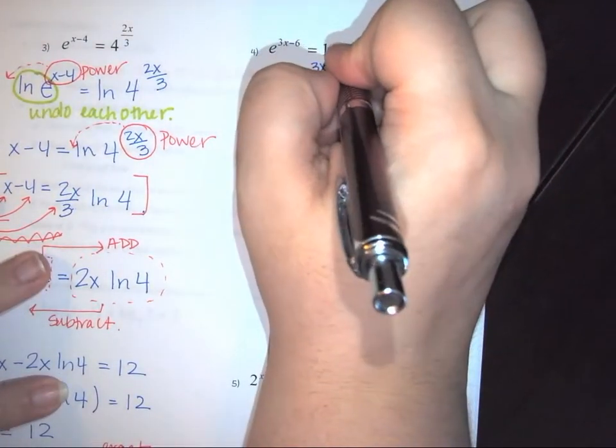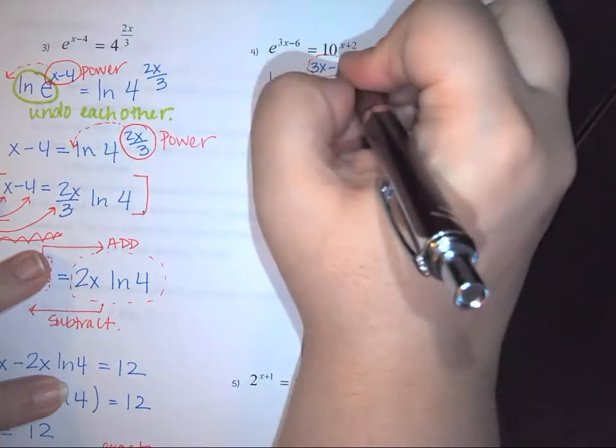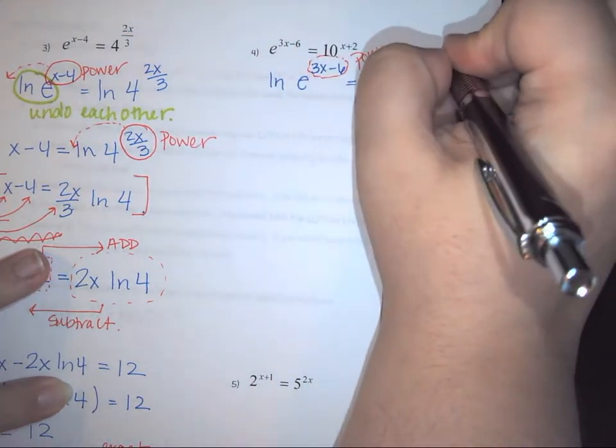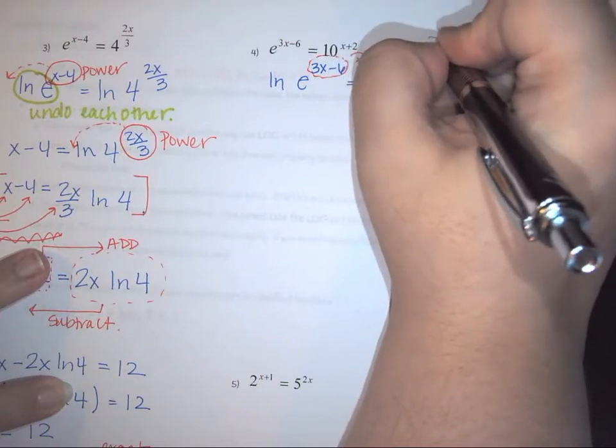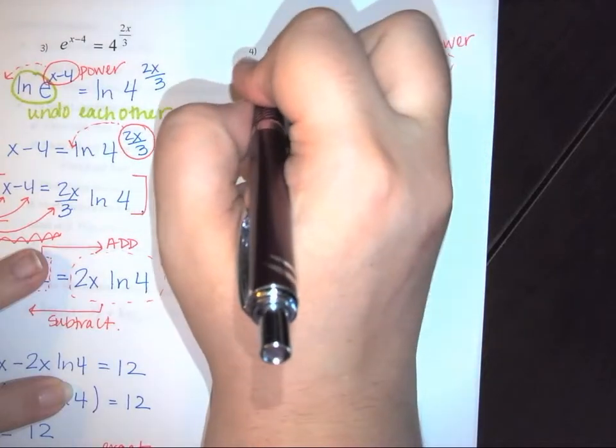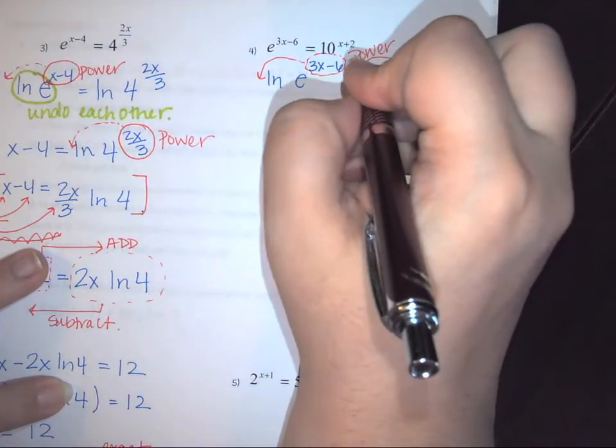Again, here I have this, which is a power, and I have this side, which is a power. And on both of these, they need to come down in front. So these need to come down in front.